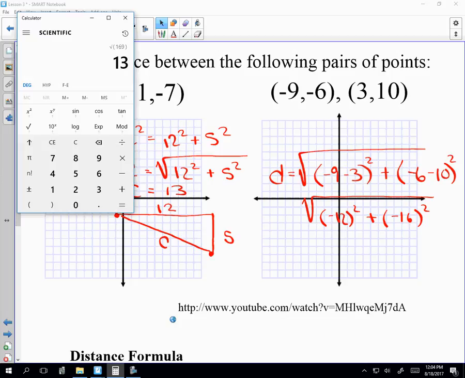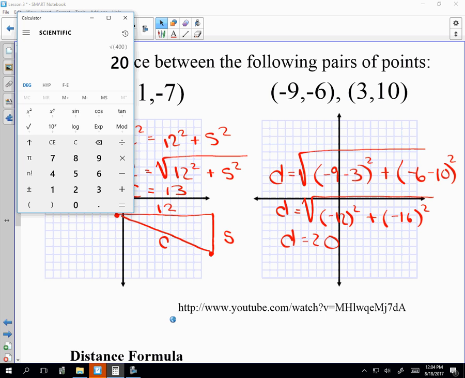So 12 negative, when we square it, we get 144. Now we can add 16 squared to that value, and we get 400. Then we square root the 400 to get the distance between those 2 points equal to 20.